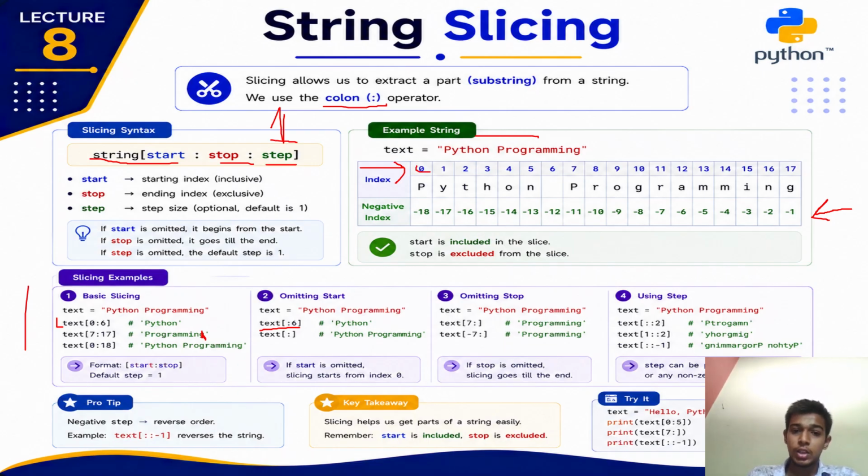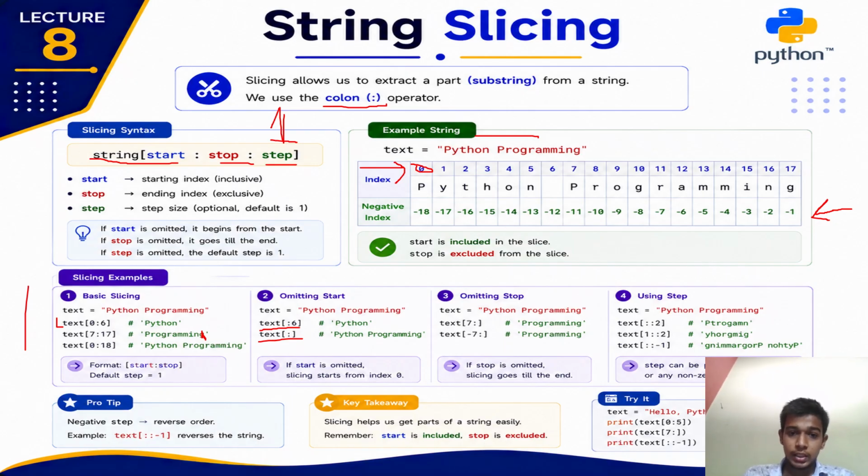So the output will be from 0 to 6, and the output will be Python. Similarly, if you write only the colon, with no start and no stop, Python will print the whole string, the full string, Python programming.